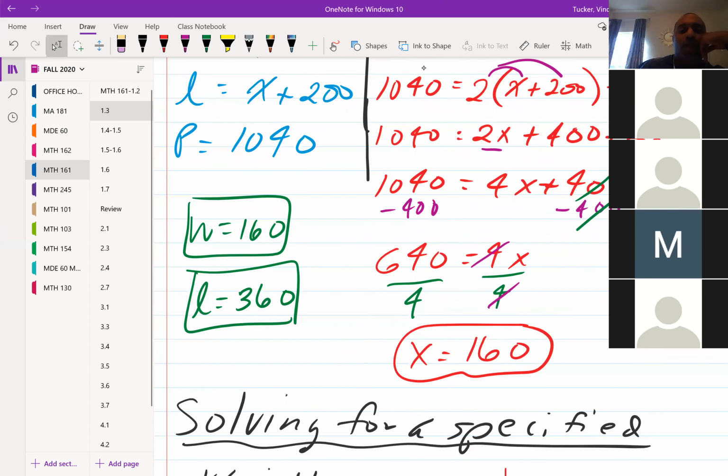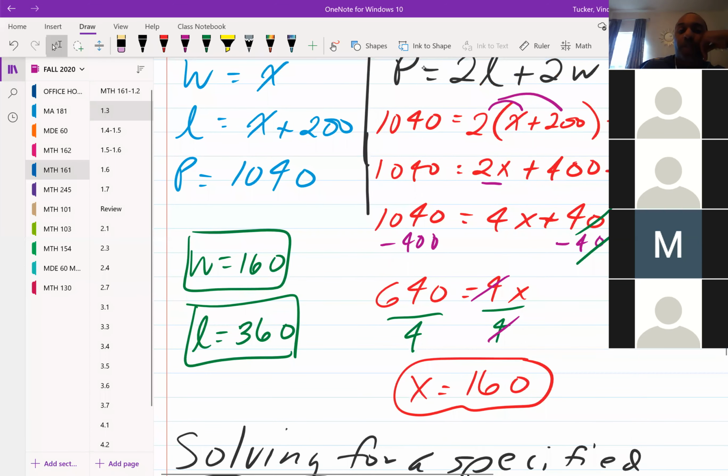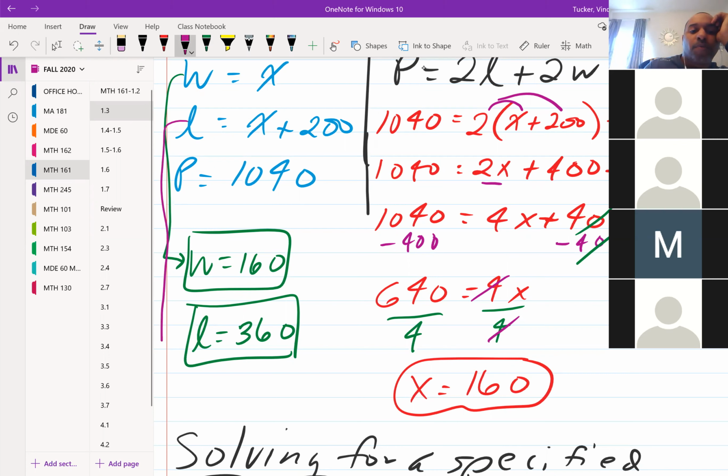All right, so to finish it off, remember, you always want to make sure you actually answer the question. Remember, this problem wanted the dimensions. So it wanted the width and the length. And so your width is equal to x, so that's just going to be 160. And then your length is 360 because you're going to add 200 to the 160.